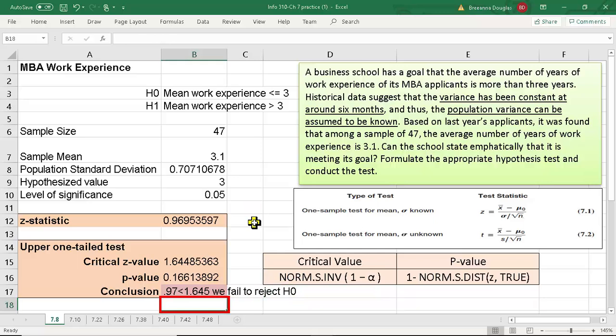Since our p-value of 0.17 is greater than our significance level of 0.05, it confirms the fact that we should fail to reject the null hypothesis. Since we fail to reject the null hypothesis, we cannot conclude that mean work experience is greater than 3.